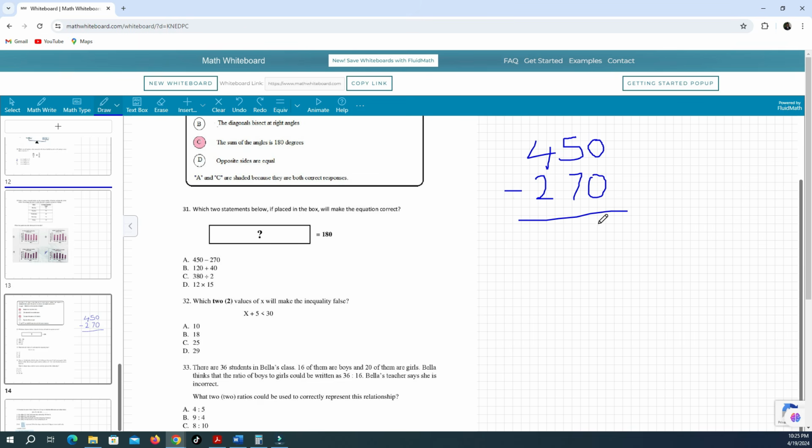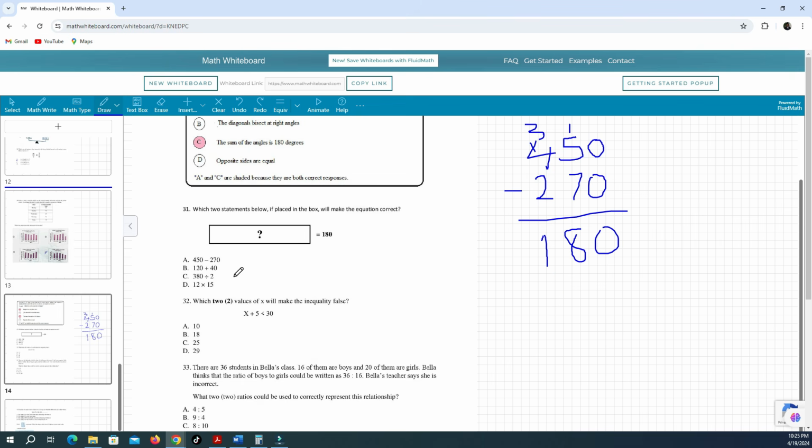So 0 minus 0 is 0. 7 from 5 you can't, so you borrow 1, put it over here. And 7 from 15 is 8. And this leaves 3. 2 from 3 is 1. So the answer is 180. So this one is correct.